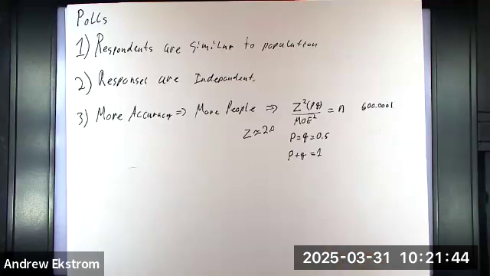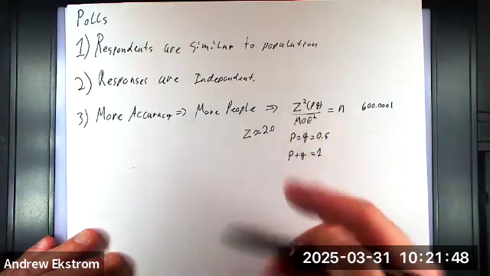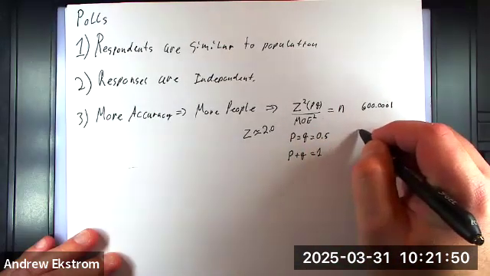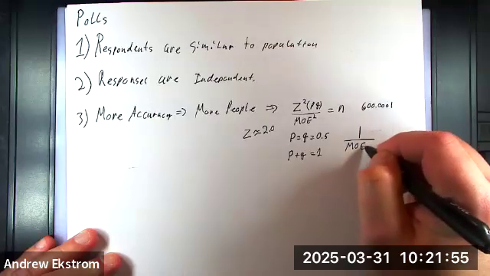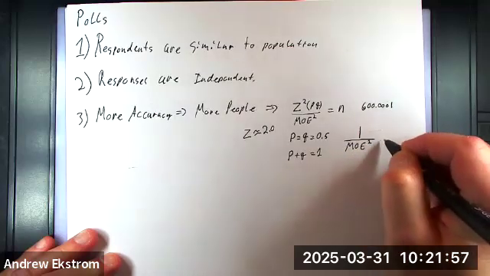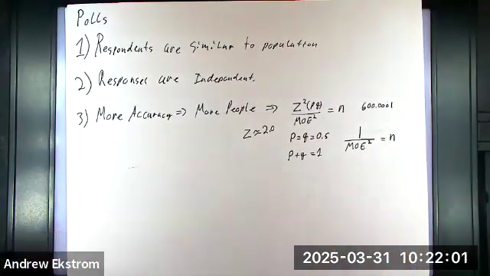Which means to get a fairly decent approximation here, you end up with 1 divided by margin of error squared is equal to n. Doesn't that look so much nicer?